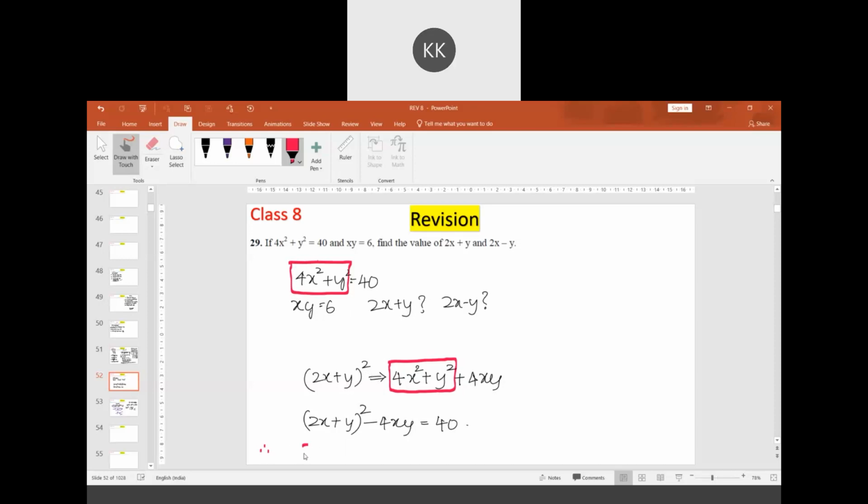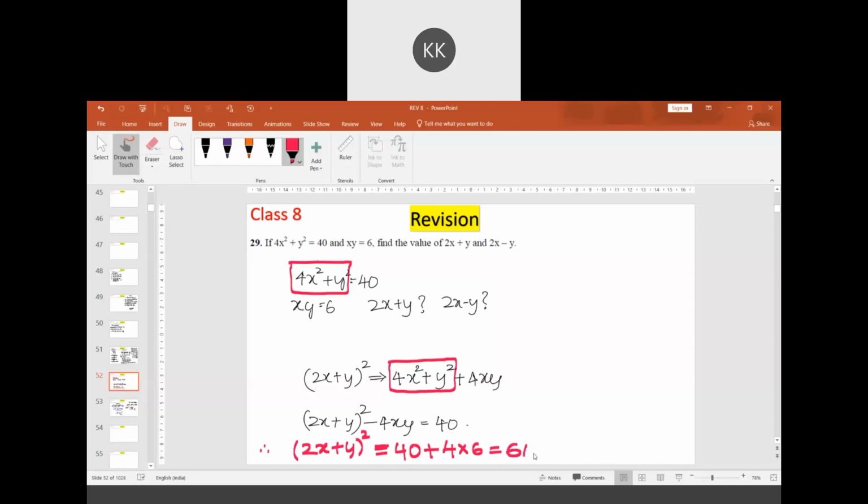Therefore, (2x + y)² is equal to 40 plus 4 times xy. xy is 6, so 24. 24 added to 40 will be 64.